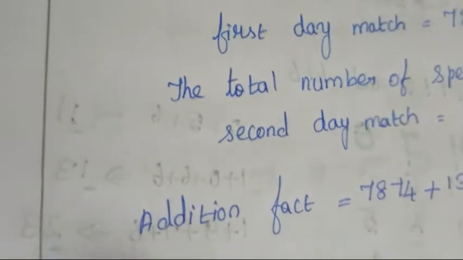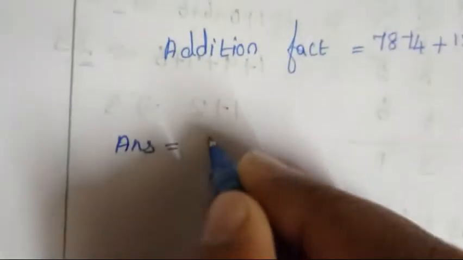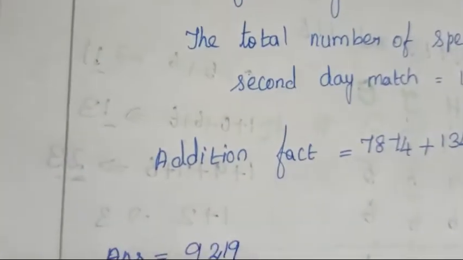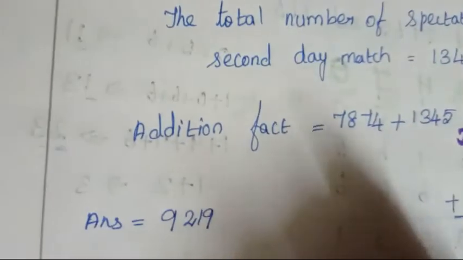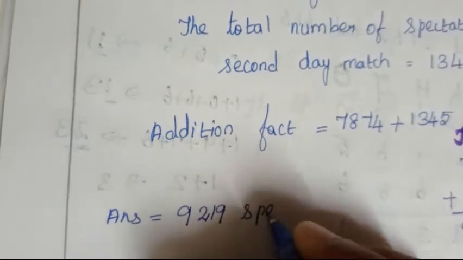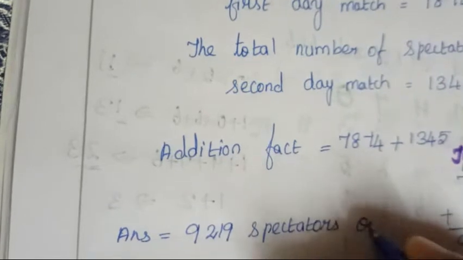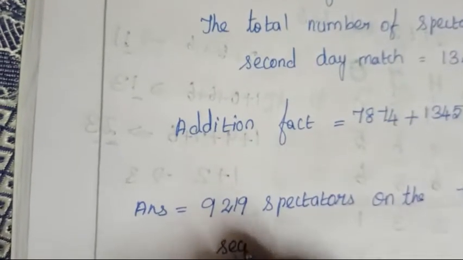Now you have to write the answer: 9,219 spectators on the second day match.